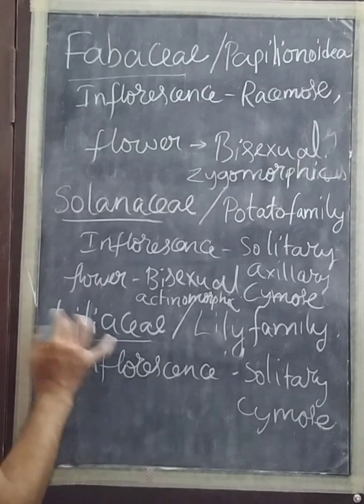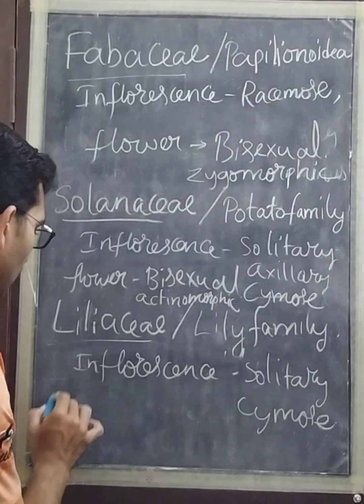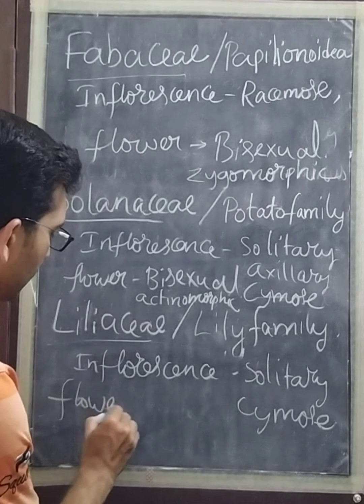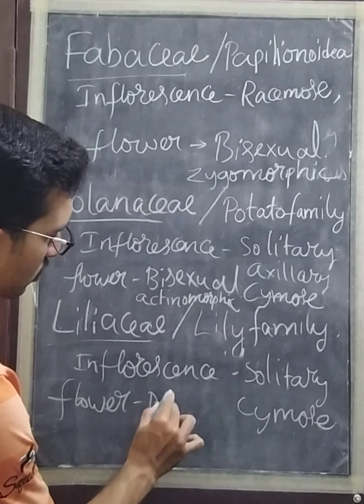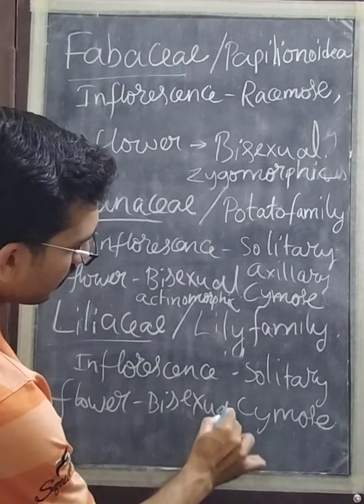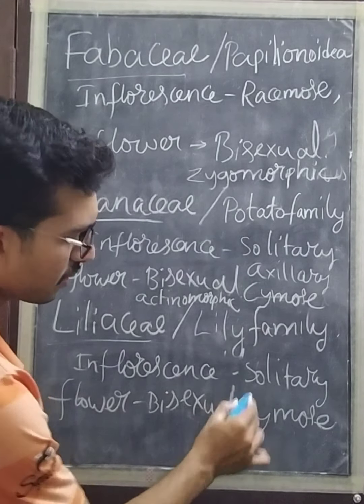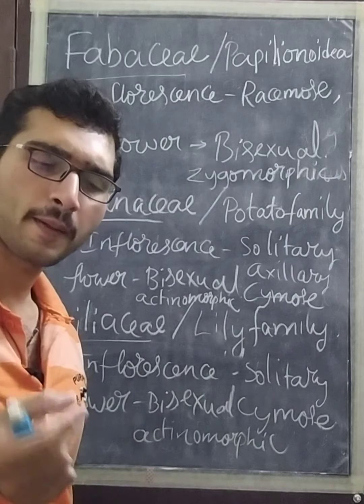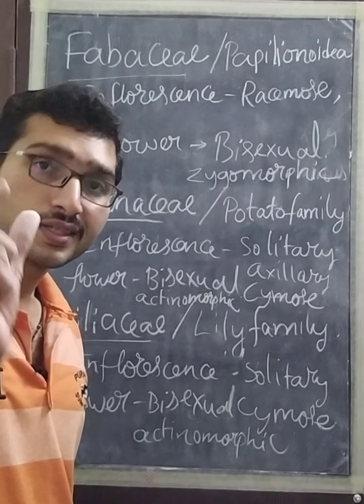When it comes to the flower of the Liliaceae, these are bisexual, which means they have both androecium and gynoecium, and they are actinomorphic, which means they can be cut into two equal halves. After discussing the flower, we will move on to the sepals.